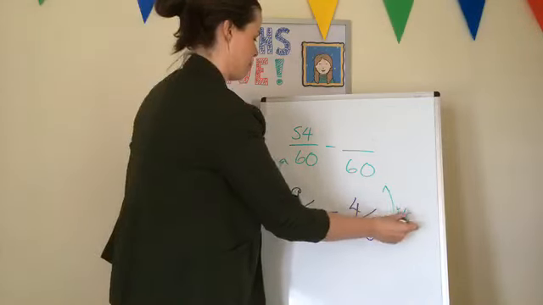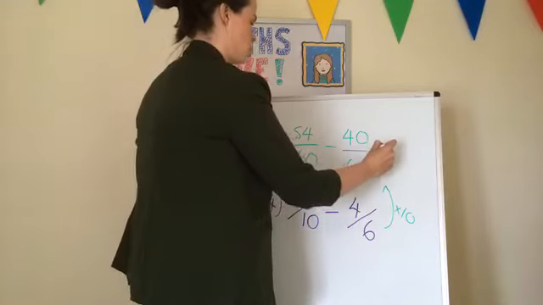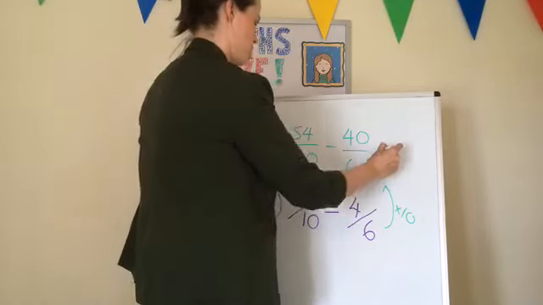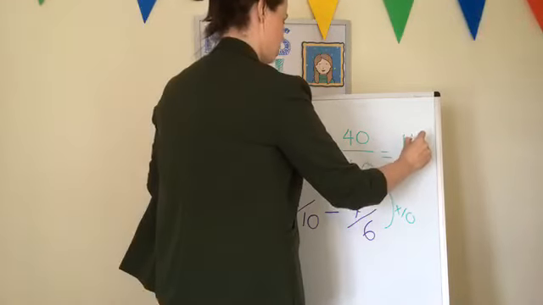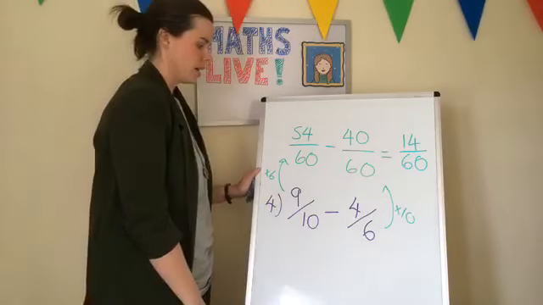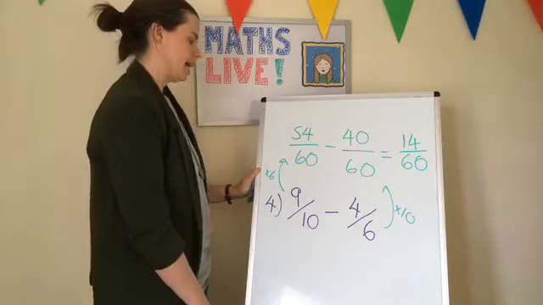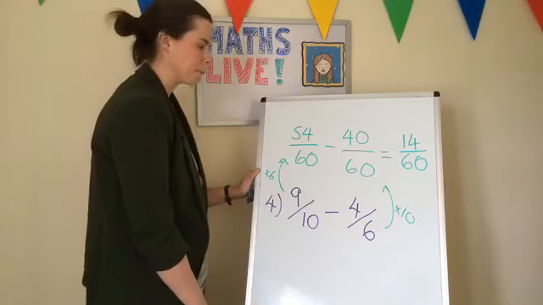You times it by 10. So 10 times 4 is 40. Do your subtraction. So 54, take away 40 is 14 over 60.